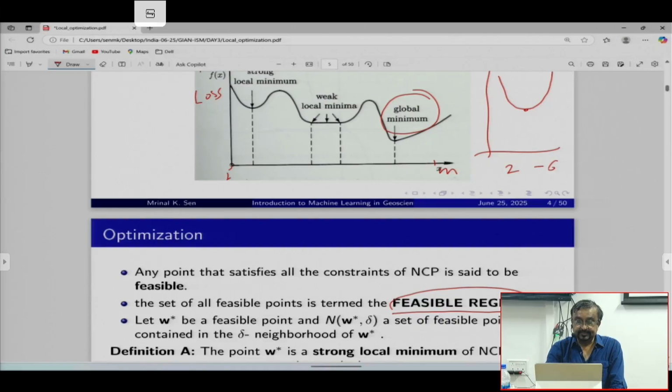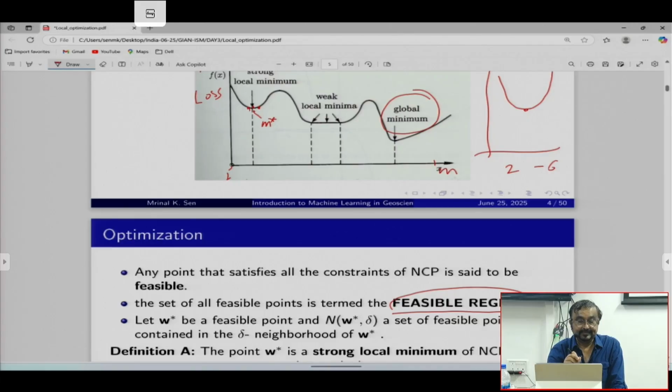So let's say that in this feasible region, I have a point, and I consider a small neighborhood around that point. Okay? Let's say that this is my M star. If I go a little bit, just very little, either to the right or the left, and my error increases, then that will be called a strong minimum.